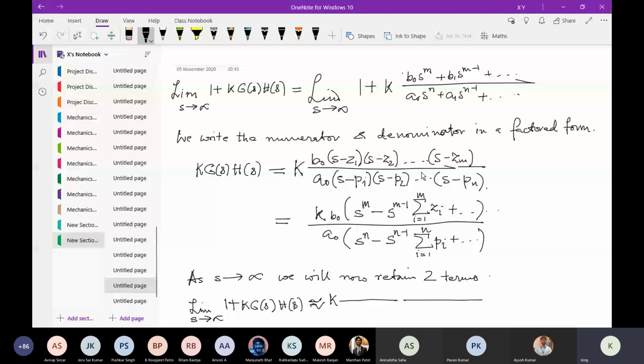So the zeros of these two will be coming out here, and the poles also will be for this GSHS combination. So we can't say these are the zeros and poles of TS, right? No. Okay. It's a forward loop gain.